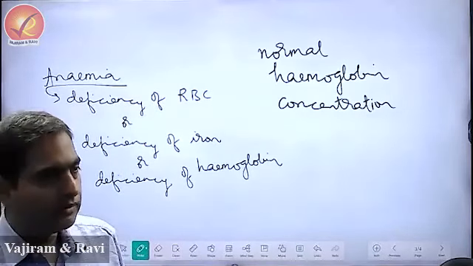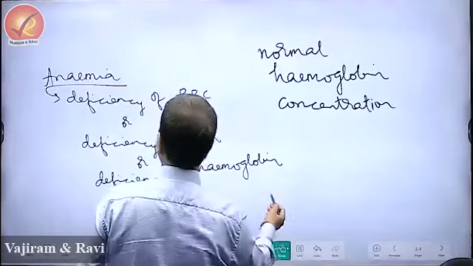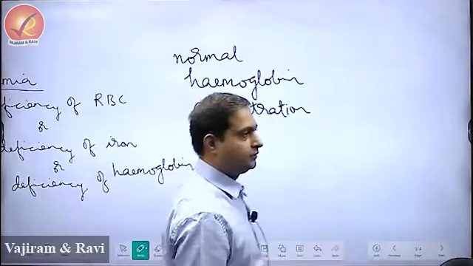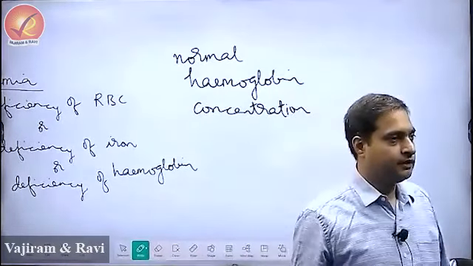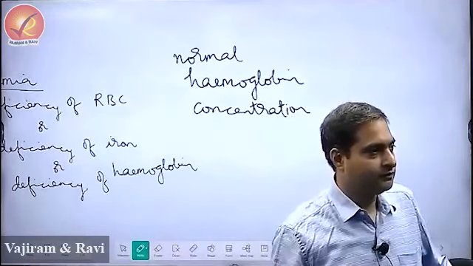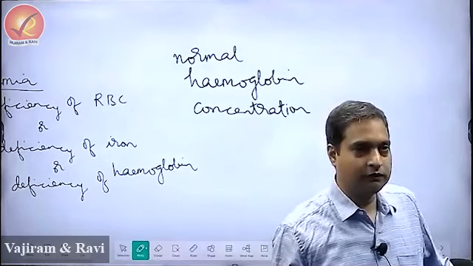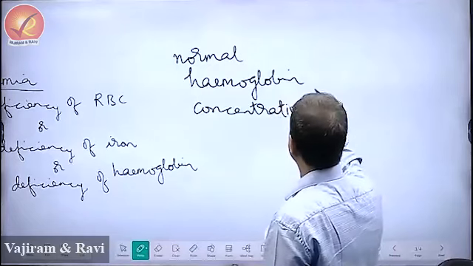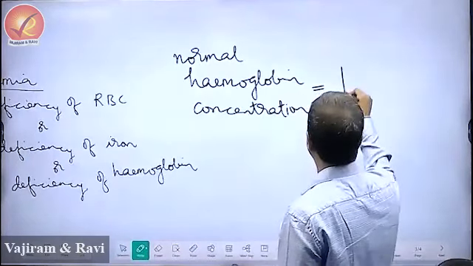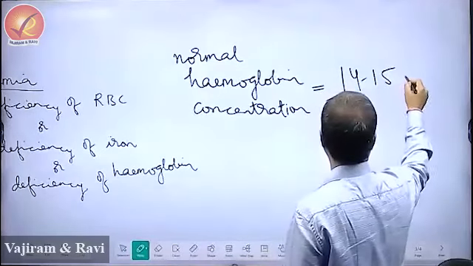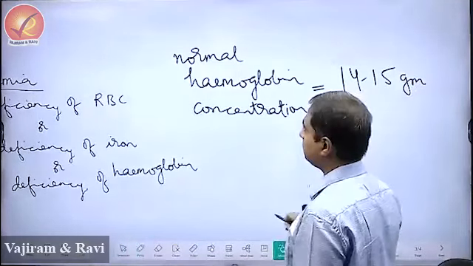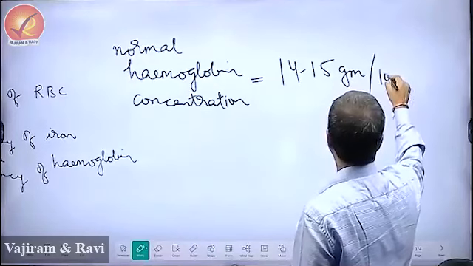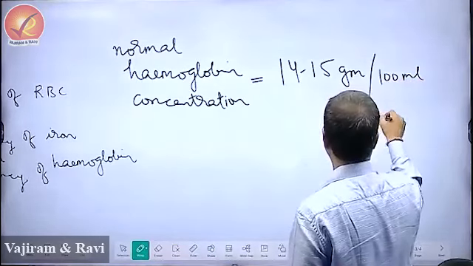How much hemoglobin should be there in your body? I will tell you 14 to 15 gram. This is the normal hemoglobin concentration, 14 to 15 gram per 100 ml of blood.